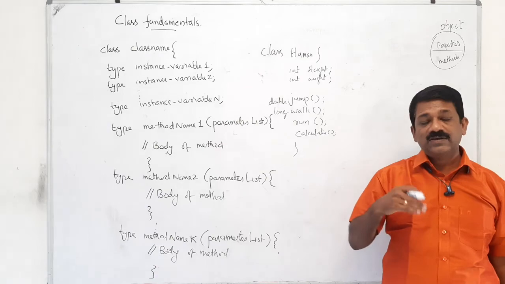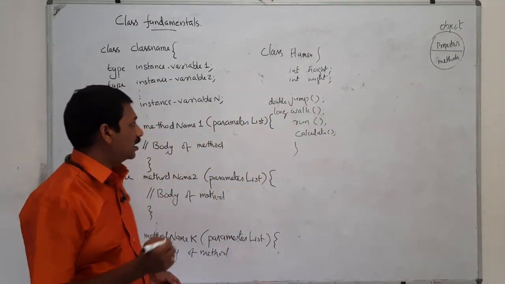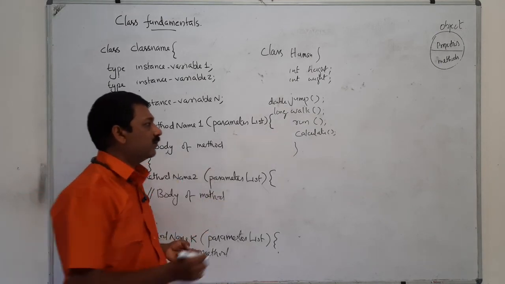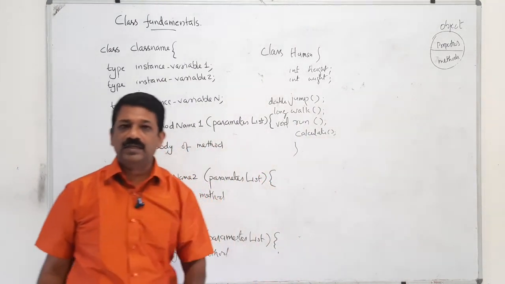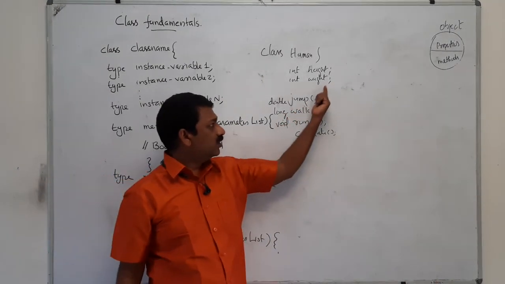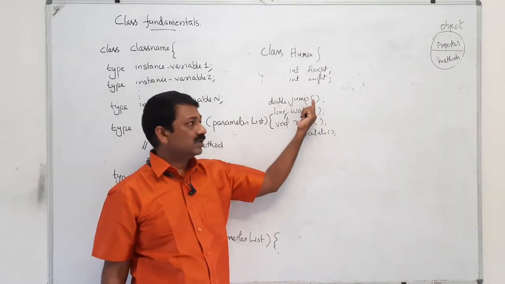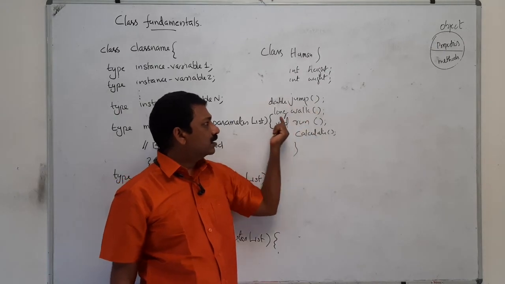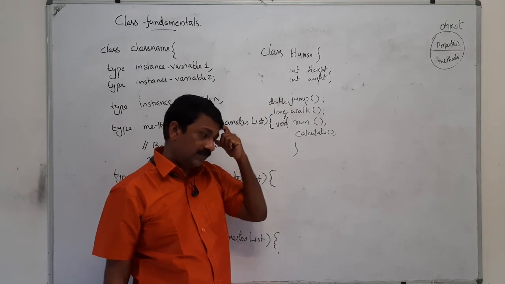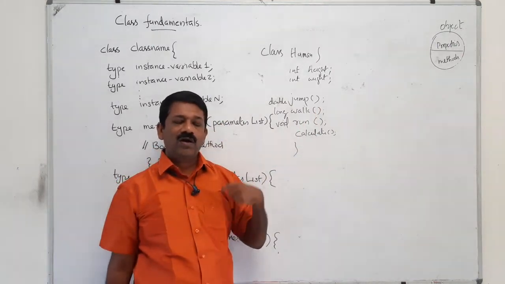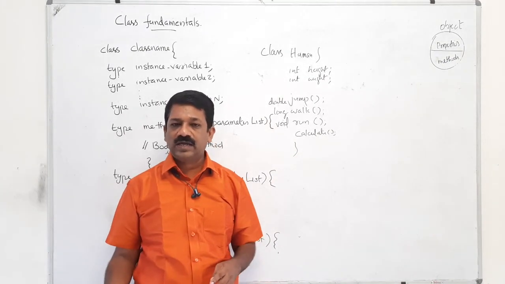Suppose some functions do not return a value. In that case, you write void. Void means nothing is returned. And suppose you want to pass some parameters to this. For example, suppose you are passing a date, how much you have worked in a day, on 7th September or 2nd February.